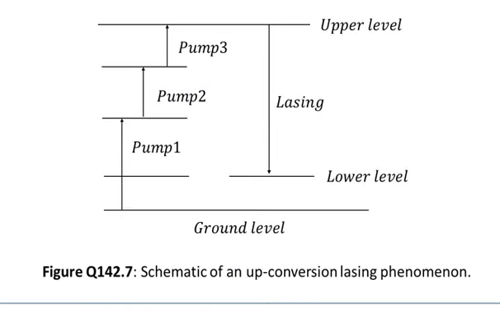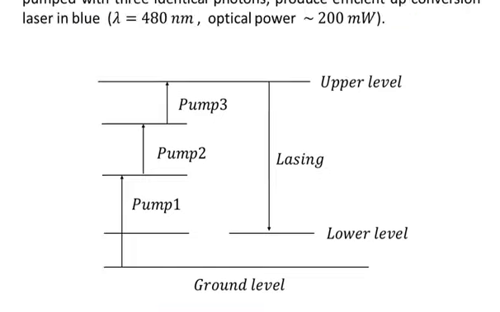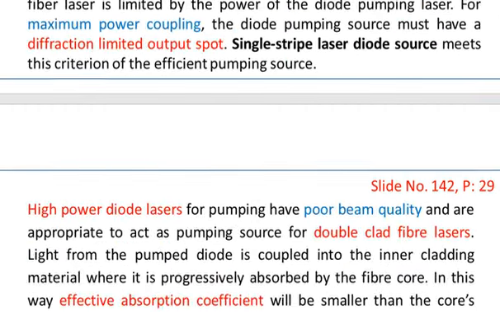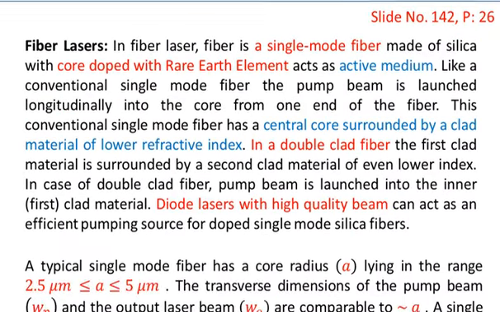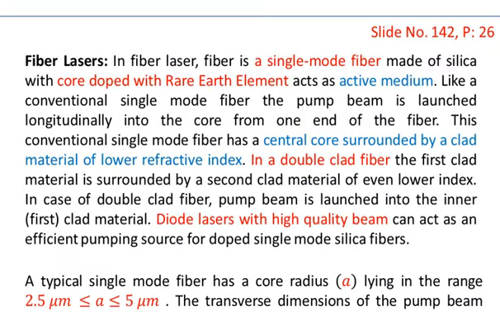So this was the brief introduction about the fiber laser. And you know that here the rare earth element will act as the active medium, and the host material is silica.